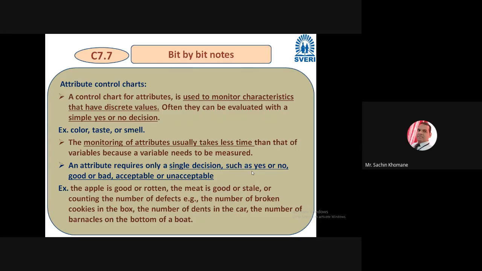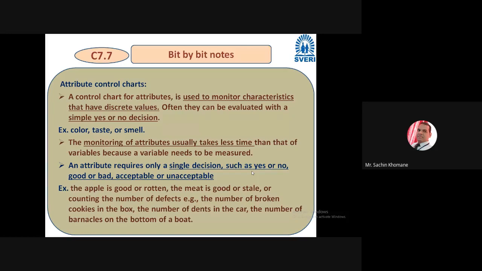So whenever such situations are there, like color, taste, and smell, you cannot have quantitative values. It is qualitative. So whenever there are such qualitative things, discrete values, at that time you have to use the attribute control chart.